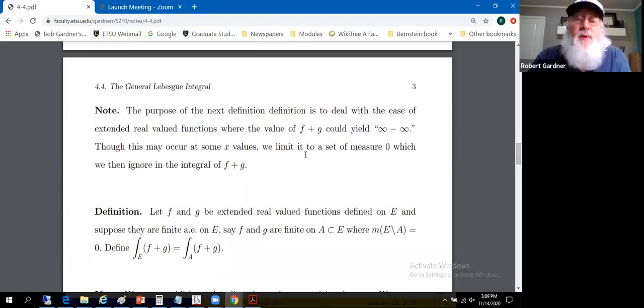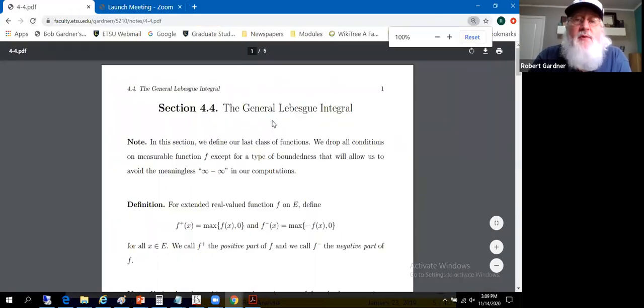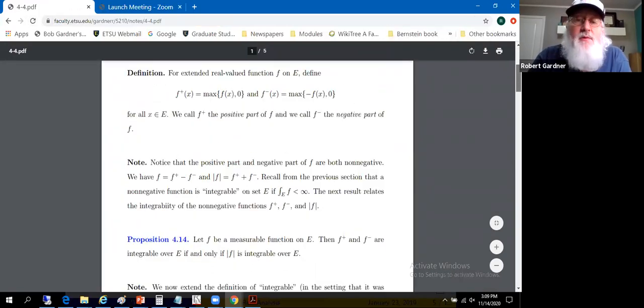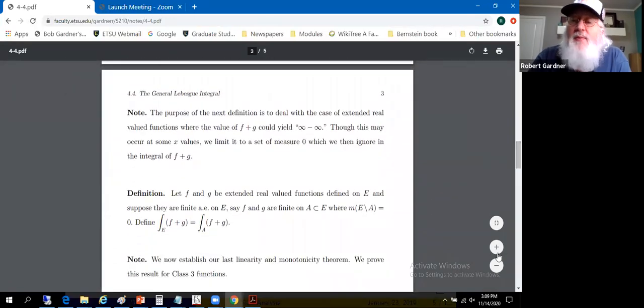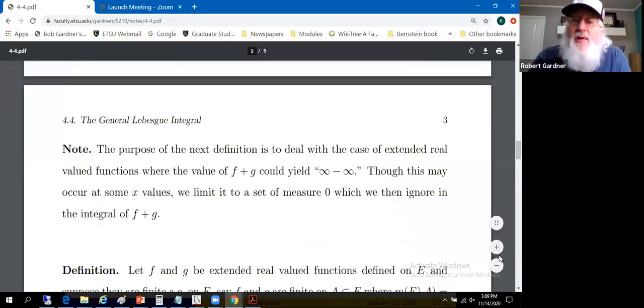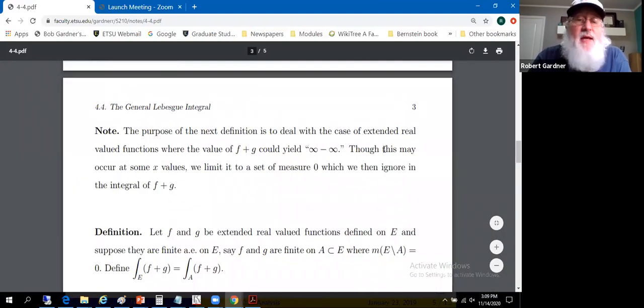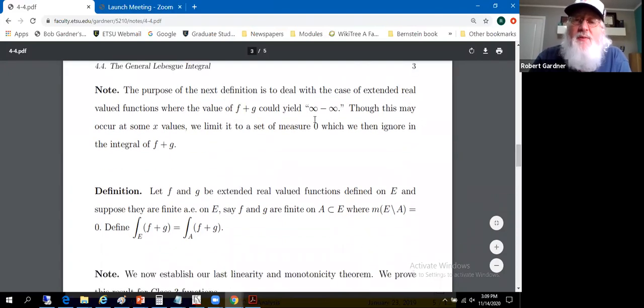Okay, the purpose of the next definition. So, typo there, I thought I had corrected that. Here we go. The purpose of the next definition is to deal with the case of extended real valued functions where the value of the function could give an infinity minus infinity.